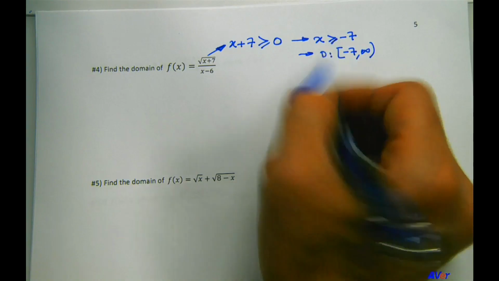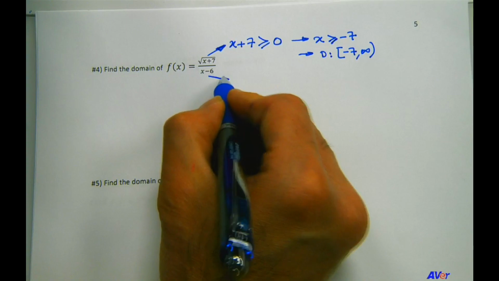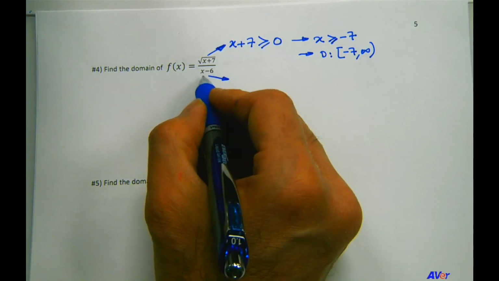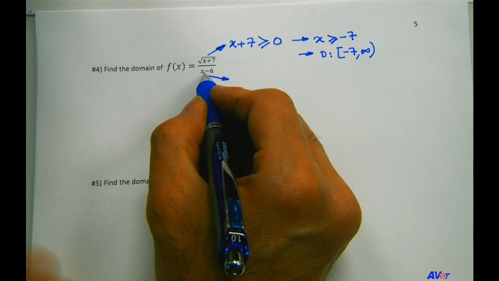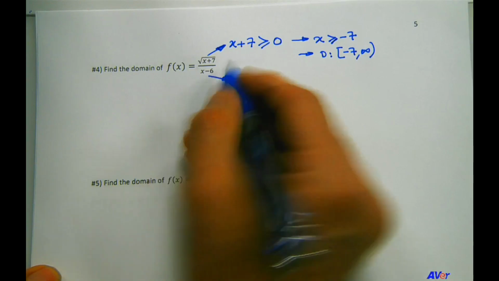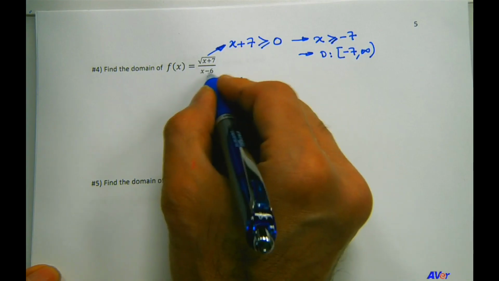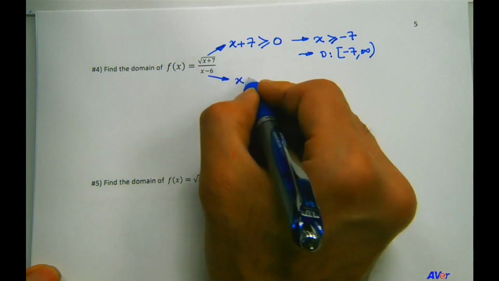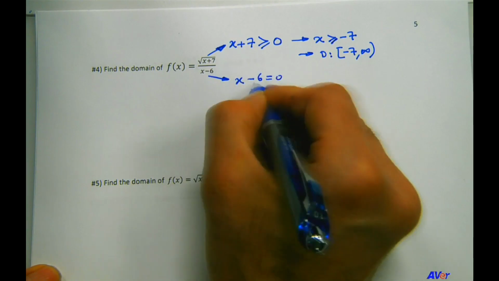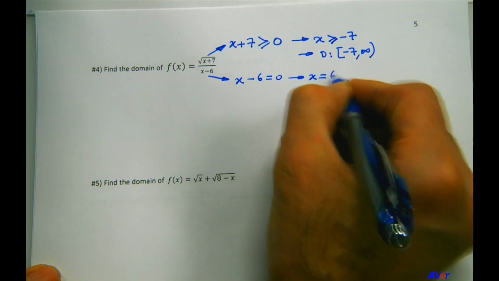Look at this equality. How about this, x minus 6, where x minus 6 is obviously the denominator, right? And the denominator cannot be 0. So let's solve for x by making sure that this is not equal to 0. So x minus 6 equals 0, then x equals 6.